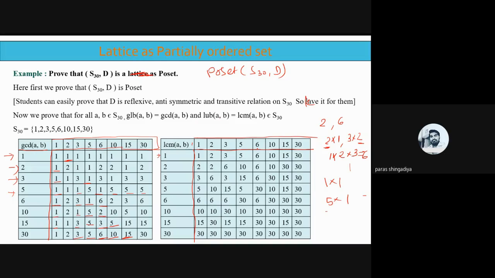Then 1 with 6 it is 6, 1 with 10 it is 10. Then 15 and 30, and use these values of this row as a column: 1, 2, 3, 5, 6, 10, 15 and 30.